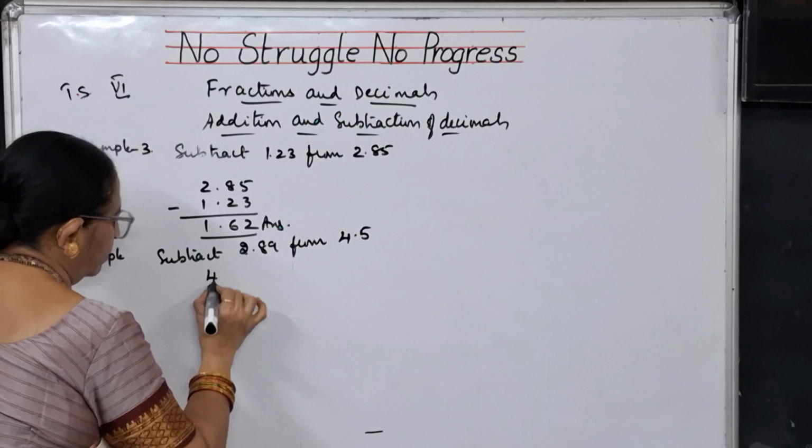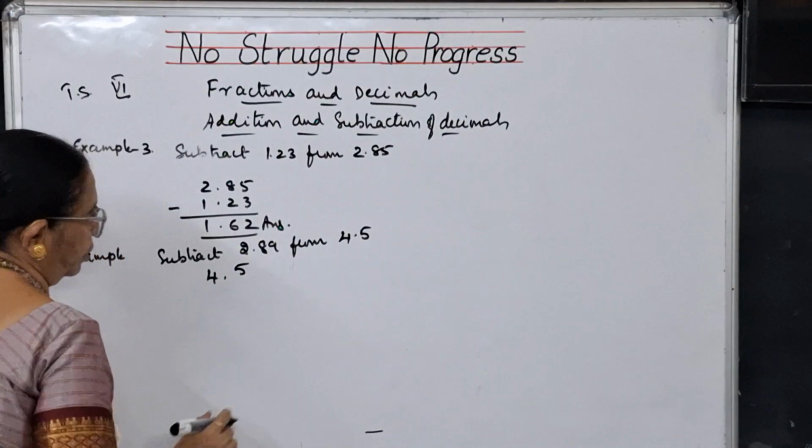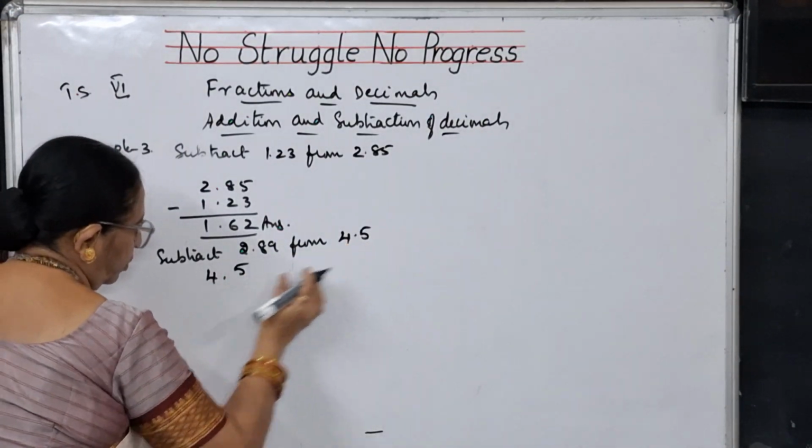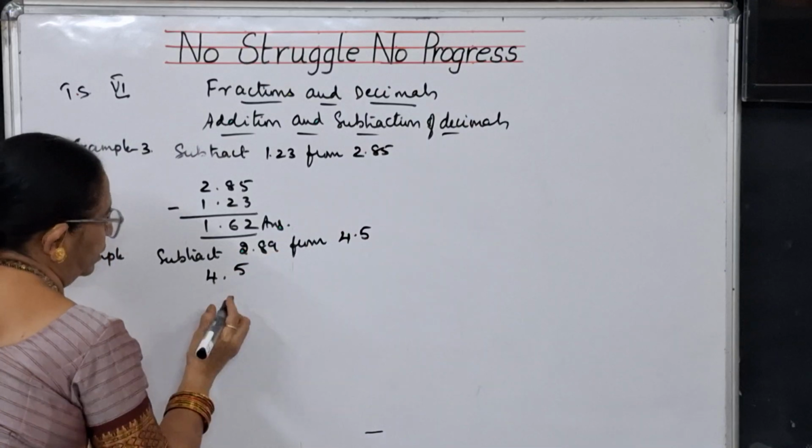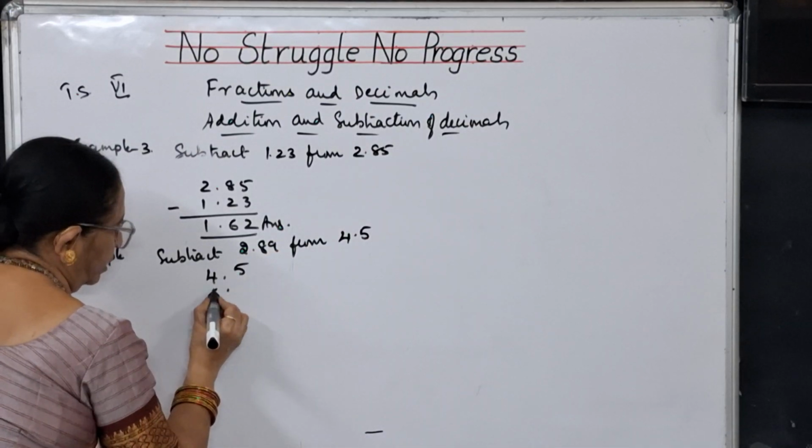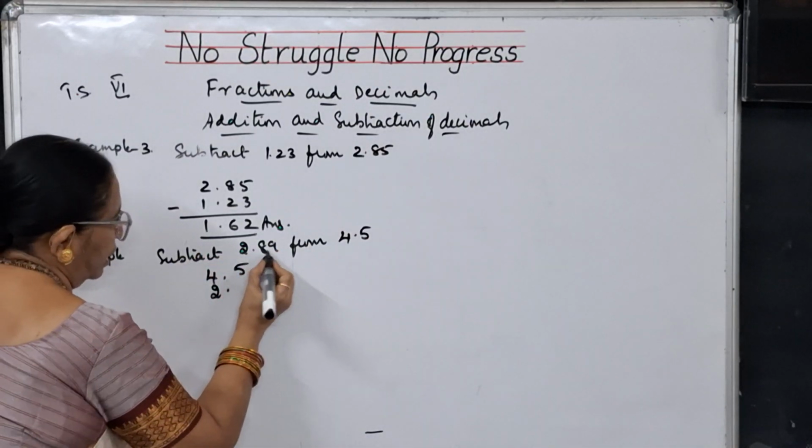So let me take first 4.5. After from, you have to take first. Then 2.89. So with the decimal, the integral part 2 I have written here, and 8 and 9.